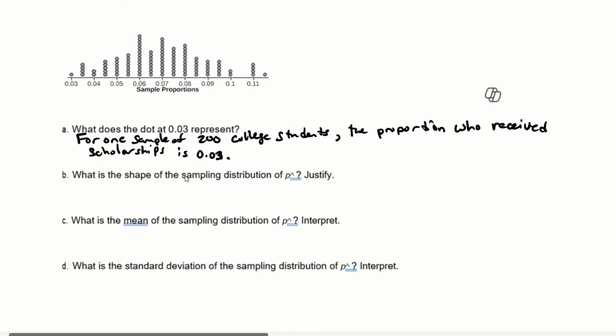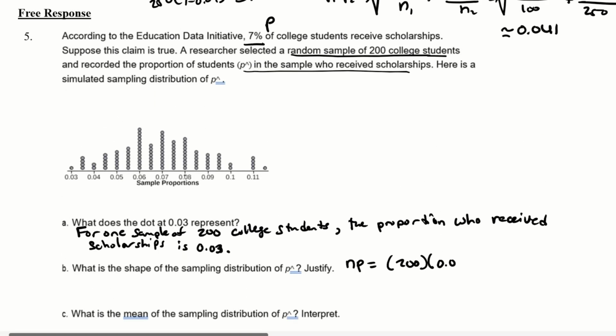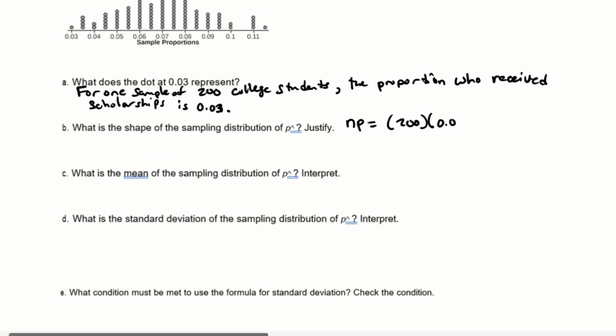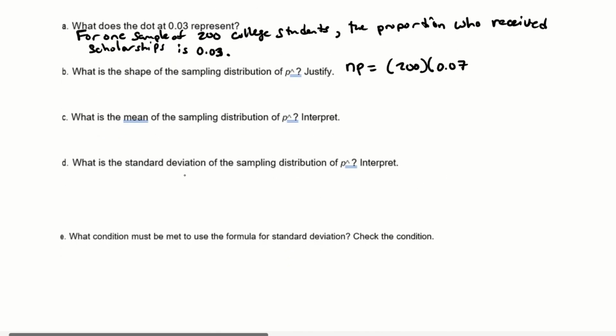In this case, n times p is 200 times 7%, which is 14, which is greater than or equal to 10.